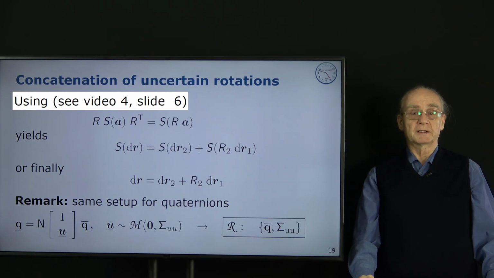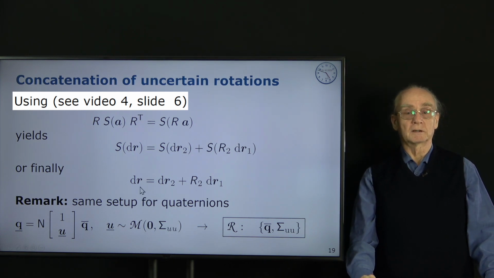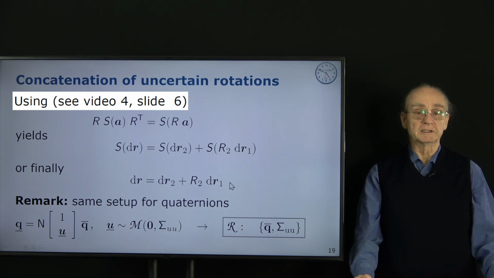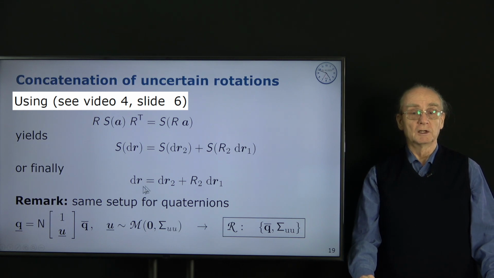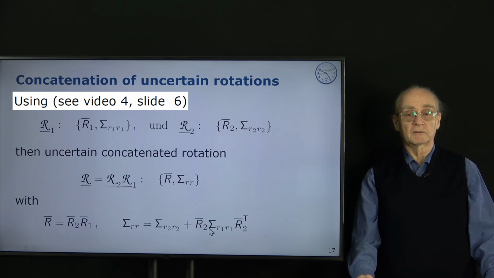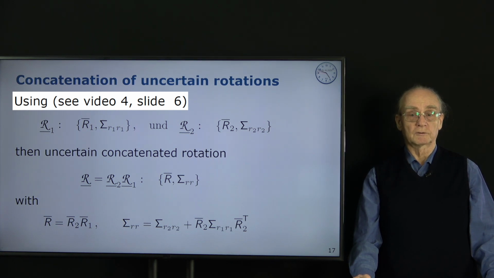So they have to fulfill dr equals dr2 plus R2 dr1. And now we have exactly that expression which we need for doing variance propagation, for deriving the covariance matrix of R as a function of dr2 and dr1. And we easily see that then we obtain this result which I told before.